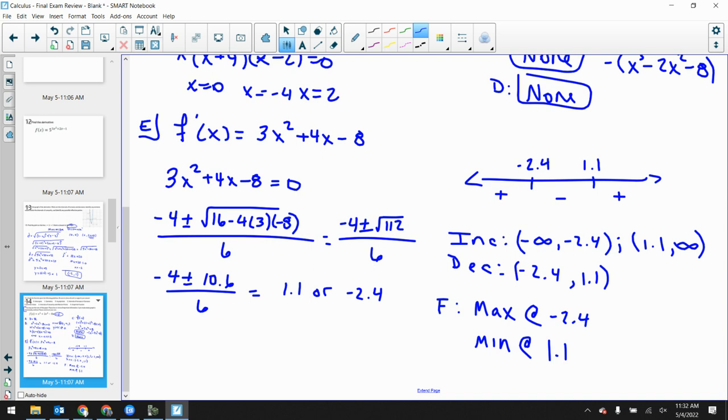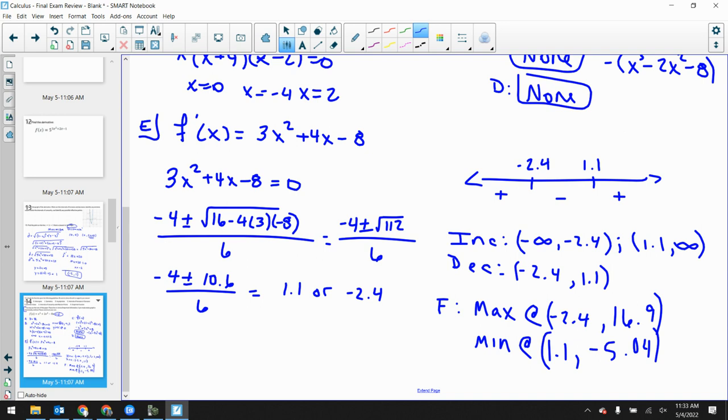And I'm going to be a little cheater here. If I plug in 1.1, it's 1.1 comma negative 5.04. If I plug in negative 2.4, it's negative 2.4 comma 16.9. And again, I went back to the original function to do those.